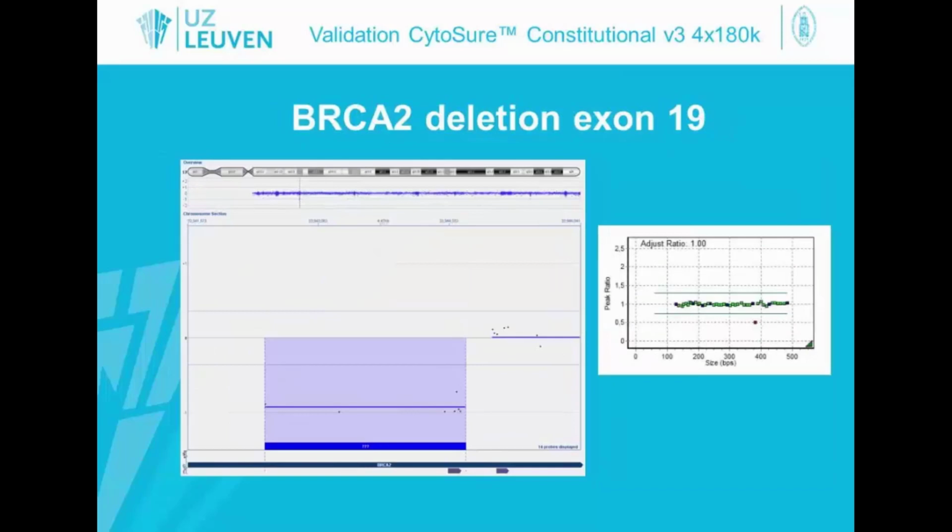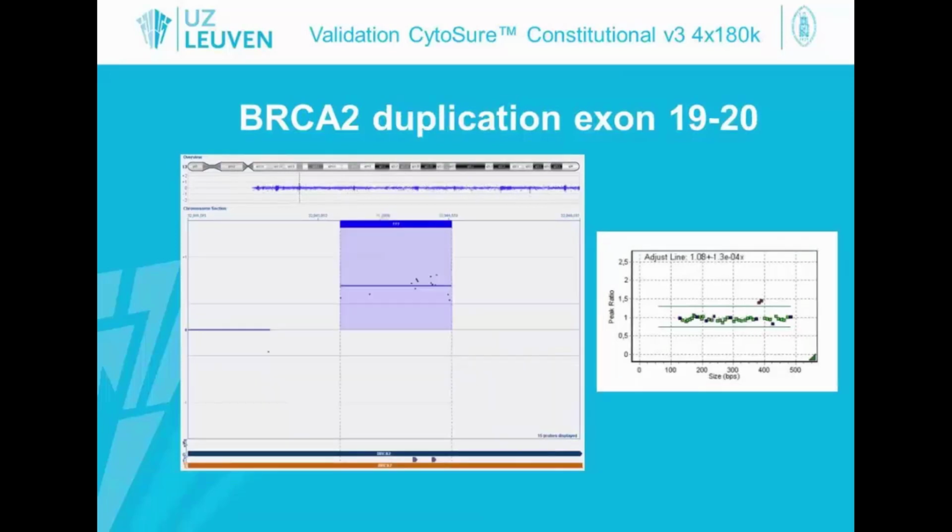For the BRCA2, there was a deletion of 1 single exon, exon 19, and it was accurately detected by the V3 array, while exon 20 showed a normal profile again. And here it was a duplication of 2 exons, exon 19 and 20, and you can see here that the duplication was accurately detected.